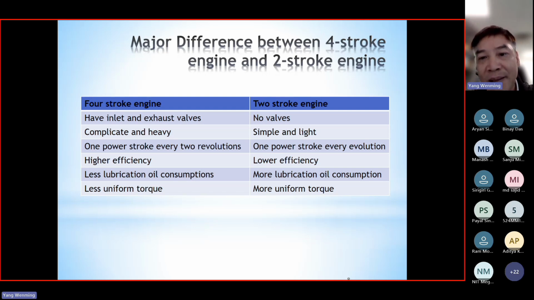Basically about 2% to 3% lubrication oil will be premixed with the fuel. And four-stroke engines have a less uniform torque because there's only one power stroke every 2 revolutions. However, for two-stroke engines, there's one power stroke every revolution, so it's a more uniform torque.